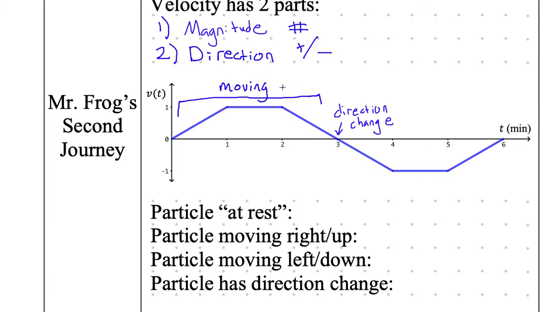What about right here at the beginning? What's happening? It's at rest. For this immediate spot, what's happening? I mean, it is a direction change, but if I'm talking about calculus, I can have that infinitesimal point of time. What is another word that I can use that I just wrote down?